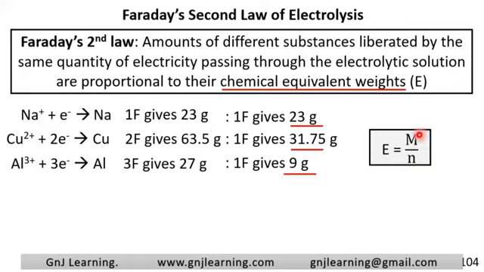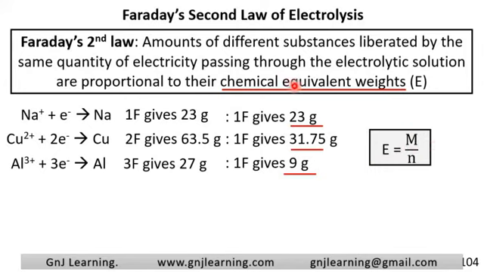Do you remember what M by N was in our previous law? It was Z. So E and Z are the same, provided Z is in the unit of Faraday. If it was in coulombs, then Z is equal to M by NF, and then it is totally different. So E is equal to Z when Z is expressed in terms of Faraday.